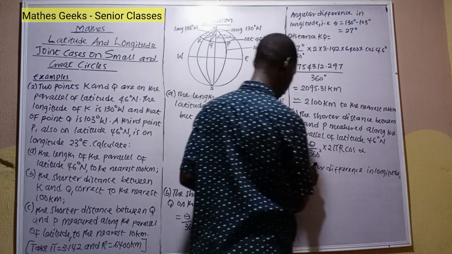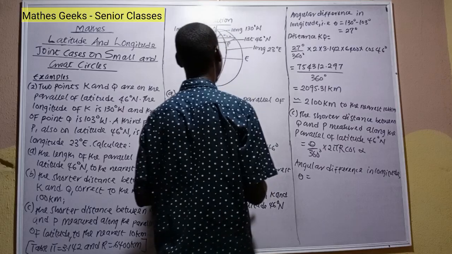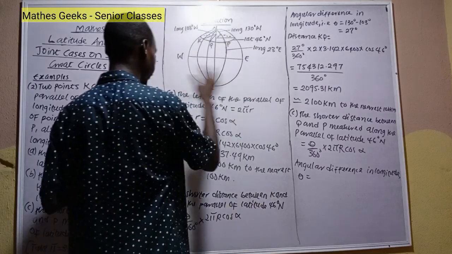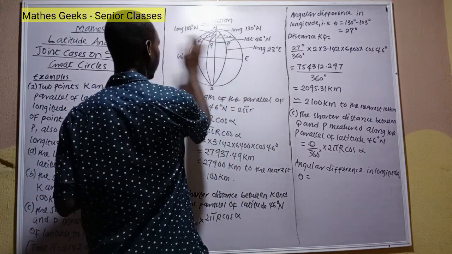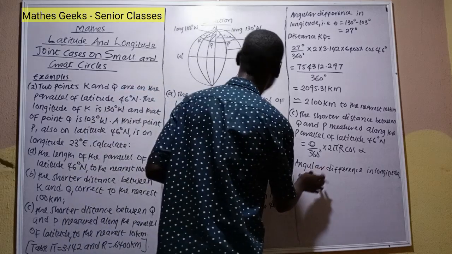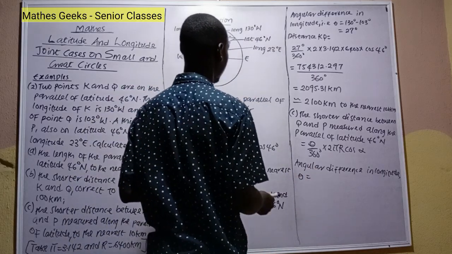Now Q and P are on different sides of the globe. Q is on the west, P is on the east. So that means we're going to add the longitudes together.